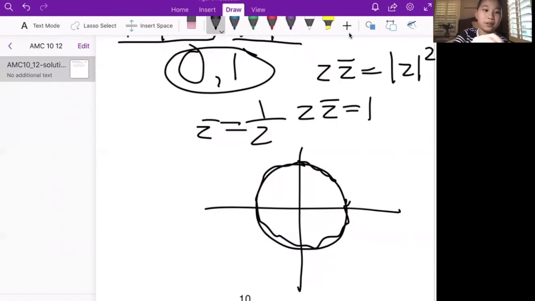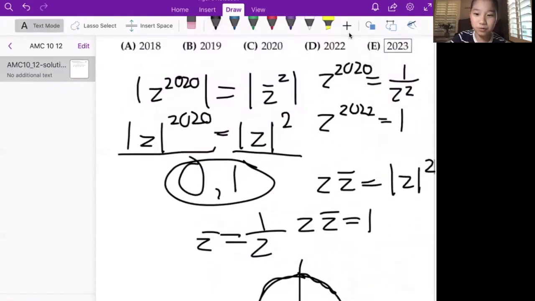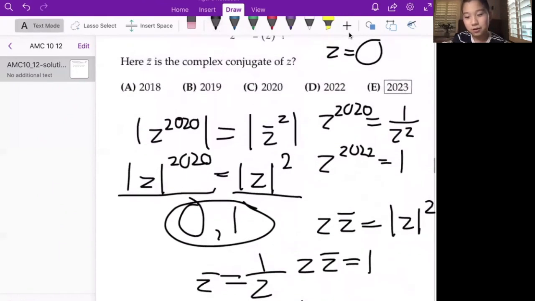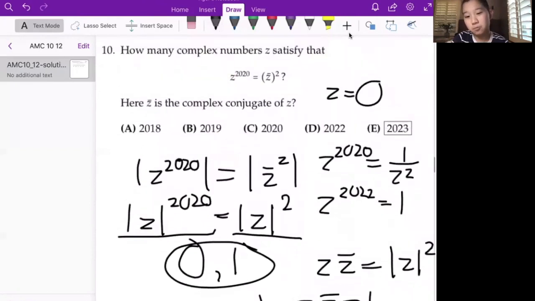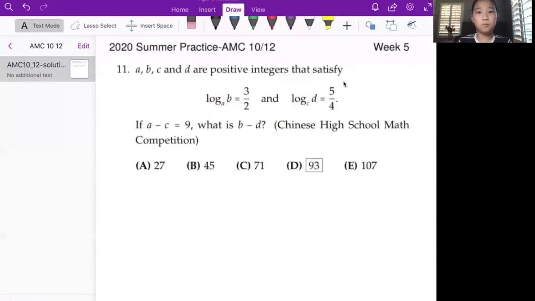So there are 2022 roots of unity, and then there's one case z equals 0. So the answer is 2023.